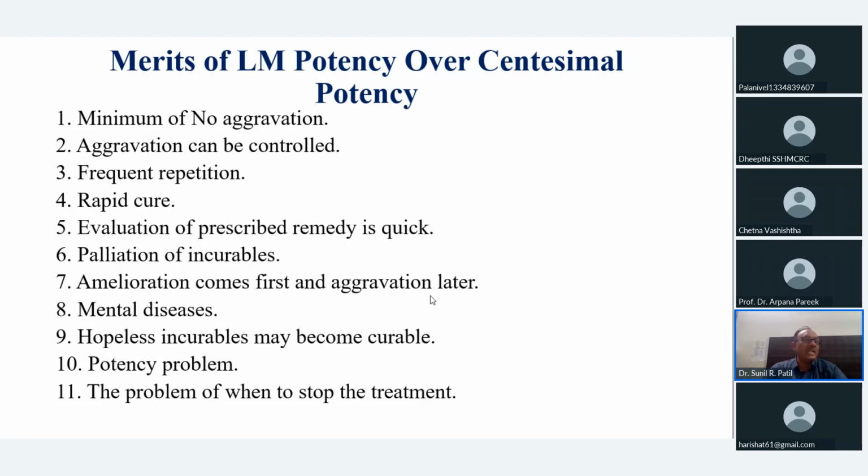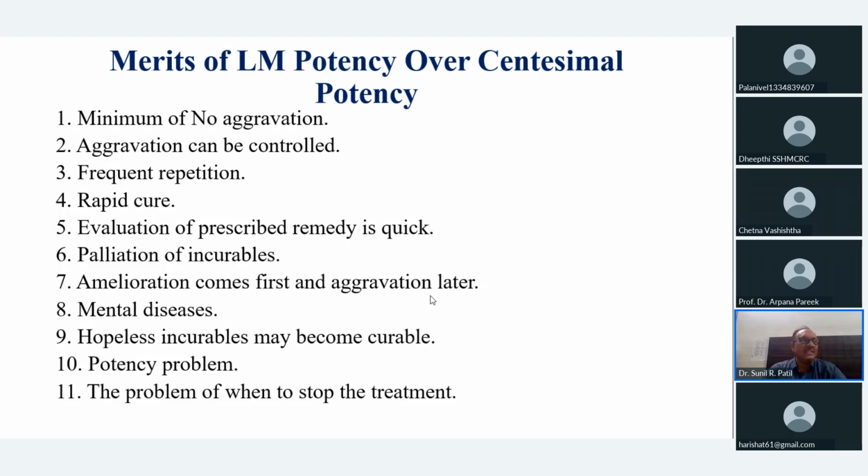But the LM potency in cases of mental diseases produces a smooth cure without producing even the least aggravation. The ninth point is that the hopeless incurable may become curable. Hopeless incurable cases of disease with advanced pathology can turn out curable after a few months of treatment.